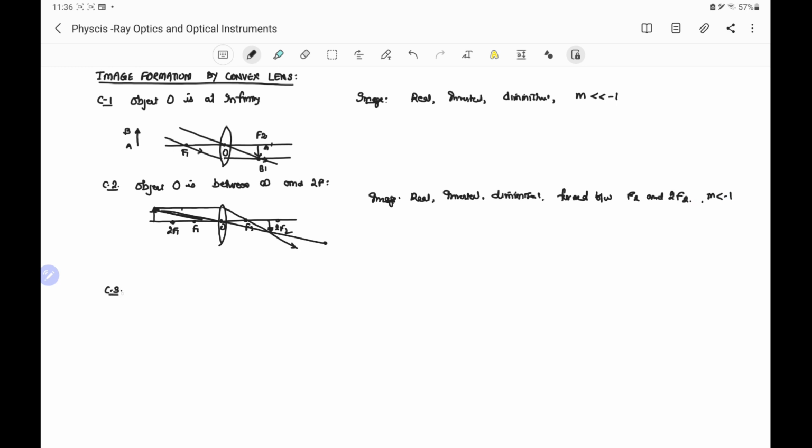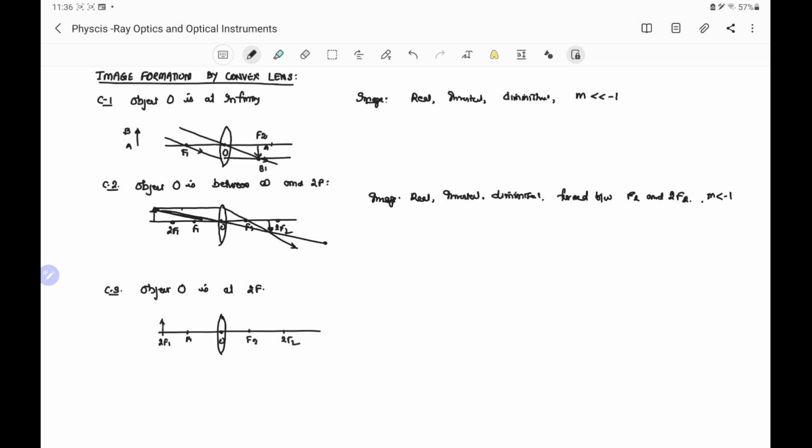Third case is object O is at 2f. So this is the convex lens with optical center O, and the principal axis is passing through the optical center, and this is f1, 2f1, f2, 2f2.